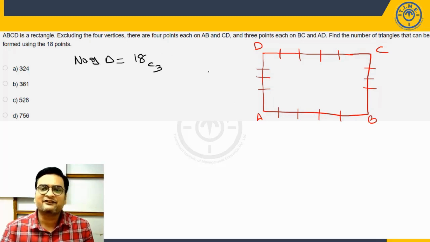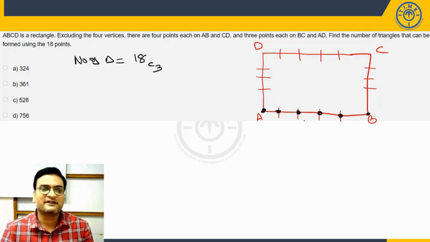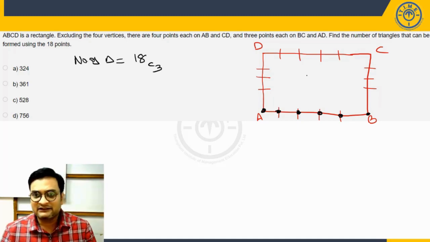Now how many triangles will be cancelled out? Let's check. Basically any triangle that you form out of these 6 points will be cancelled out, right? Will have to be eliminated because that's no triangle. Similarly, any triangle out of the 6 points will have to be removed. So 6C3 number of triangles have to be removed twice.